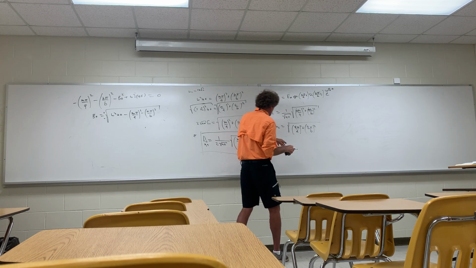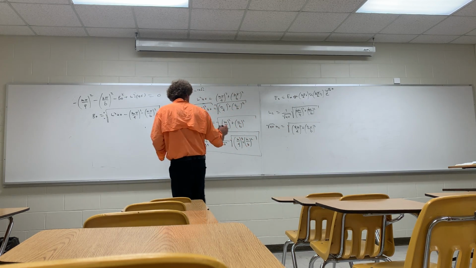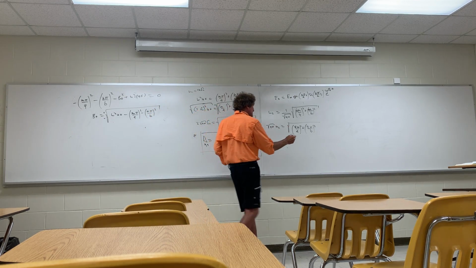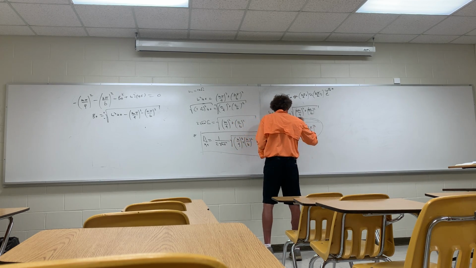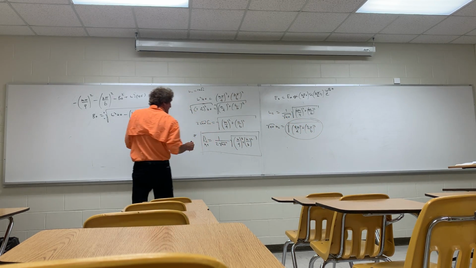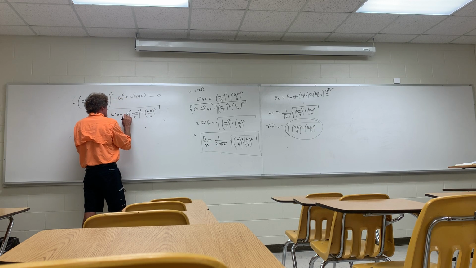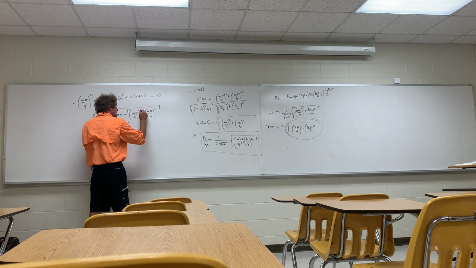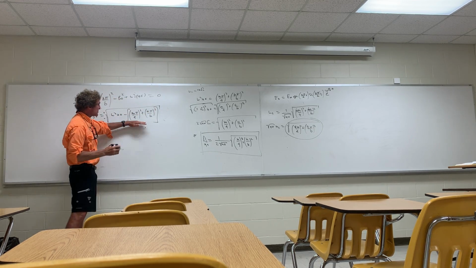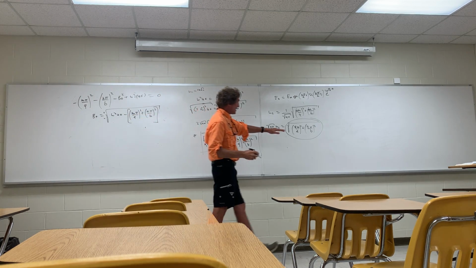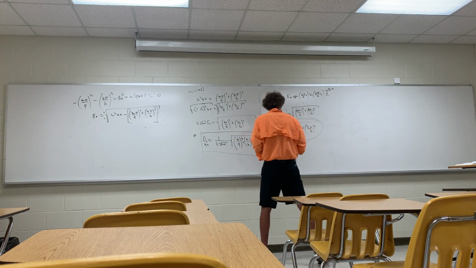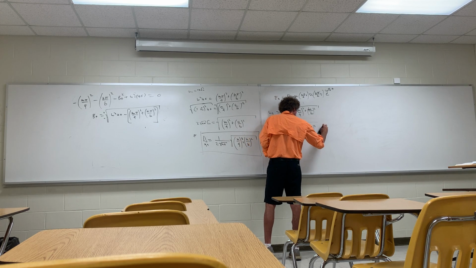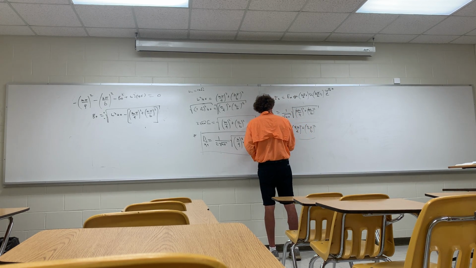Here's what I'm up to. I'm doing that so I can take this right here, which is equal to minus, and do the quantity of this. It's the square root of that, so if I square both sides, then I get omega c squared times mu epsilon.